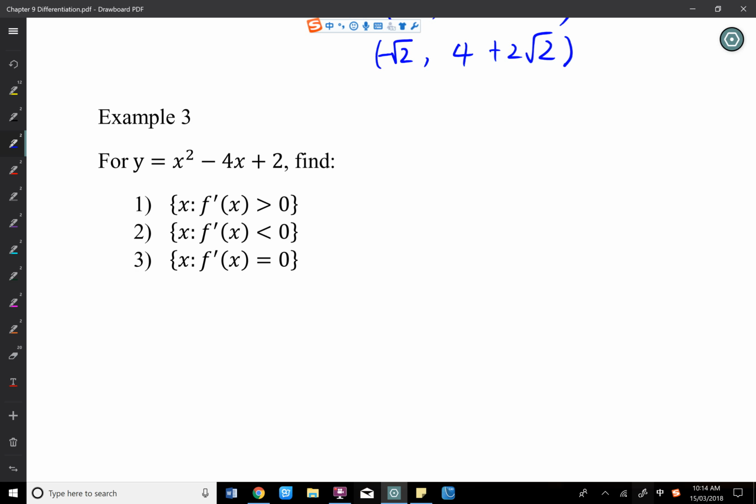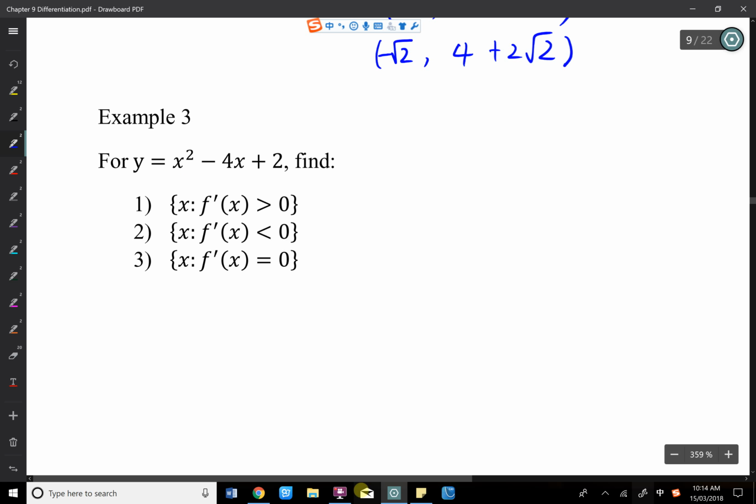Okay, example 3. I haven't asked you to do example 3 because I want to go through this question carefully with you. Can you quickly sketch this quadratic for me, please? I just want the turning point.